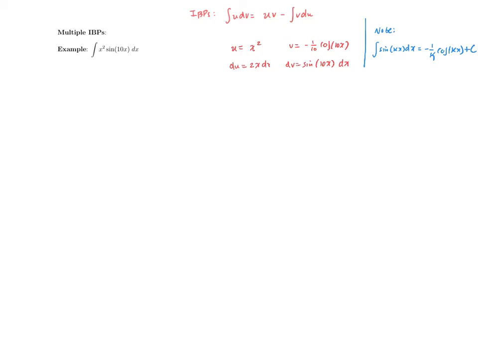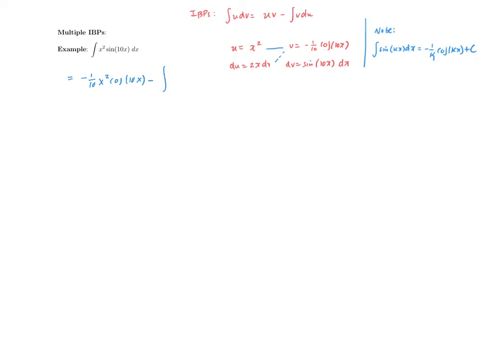So putting this to work for us, integration by parts, uv minus the integral of v du. We have that our integral is equal to minus 1/10 x squared cosine of 10x minus the integral of v du. So I'm going to go ahead and pull the minus 1/10 times 2 in front of this.